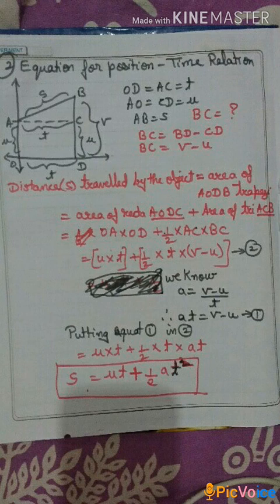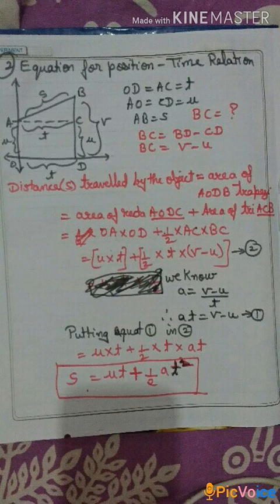Now, just recall what we mean by area. What is the formula for the area of a rectangle? Area of a rectangle is equal to length into breadth. Here, the length of rectangle AODC is OA and the breadth is OD. Now, the formula for the area of a triangle is half into base into height.